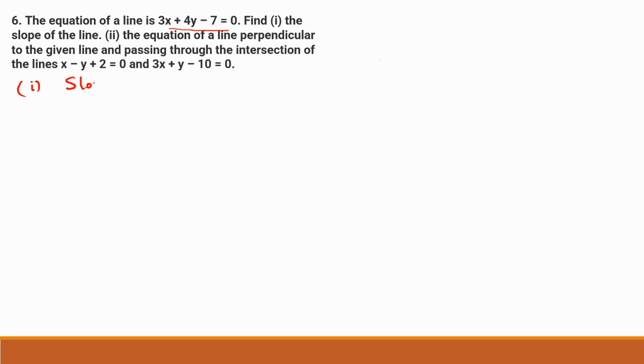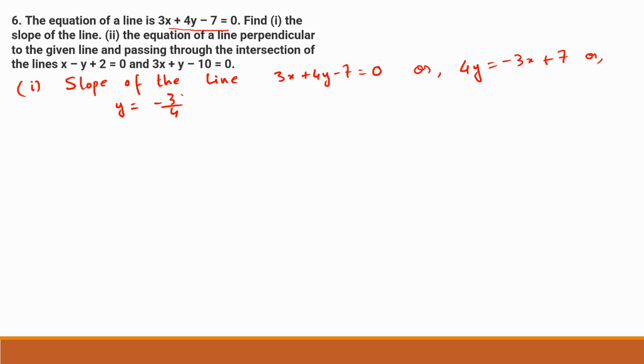So basically slope of the line 3x plus 4y minus 7 equals 0, or 4y equals minus 3x plus 7, or y equals minus 3 by 4 x plus 7 by 4.